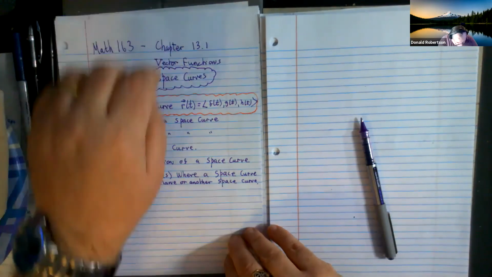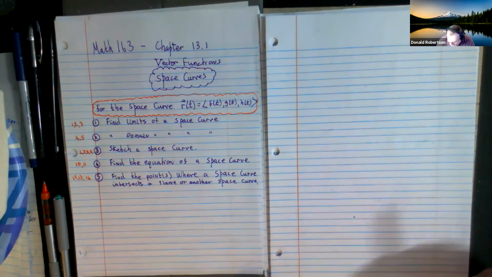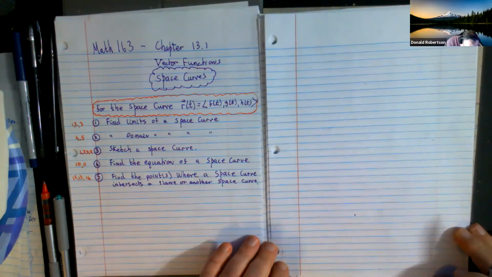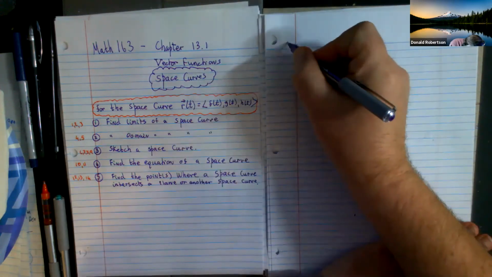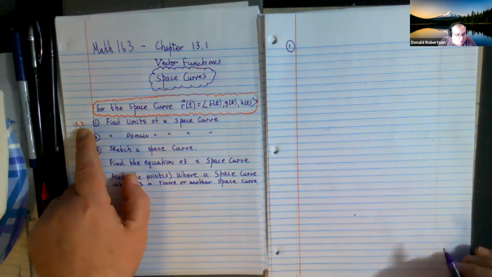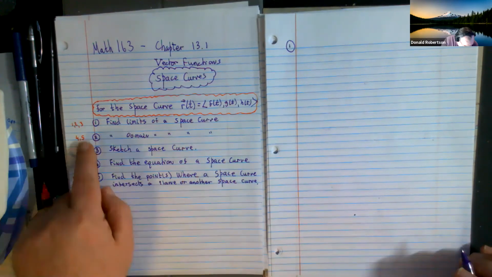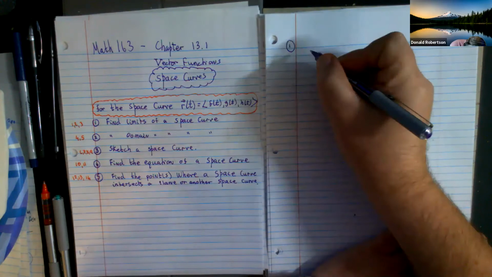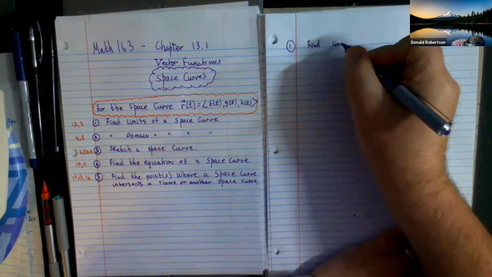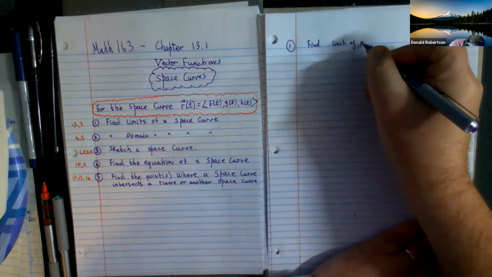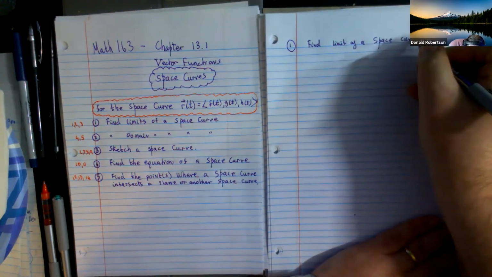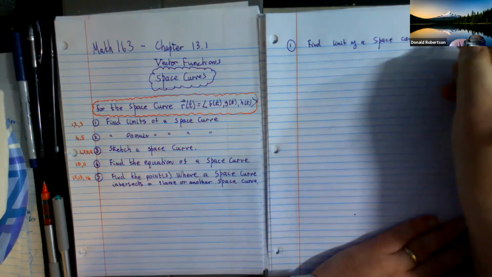Some of these things are quite analogous to what you would have done way back in 141 or in Calc 1. So let's look at the first kinds of questions. These are questions similar to 1, 2, and 3 in your homework. We're going to look at how you find the limit of a space curve at a given point.